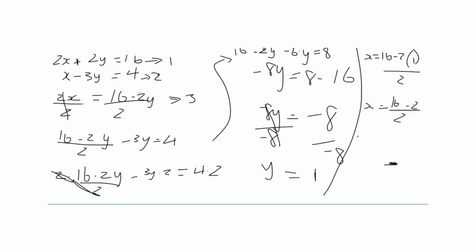The next step is 16 minus 2, and that's 14. So x equals 14 over 2. We divide 14 by 2, and that's 7. So when x equals 7, y equals 1.